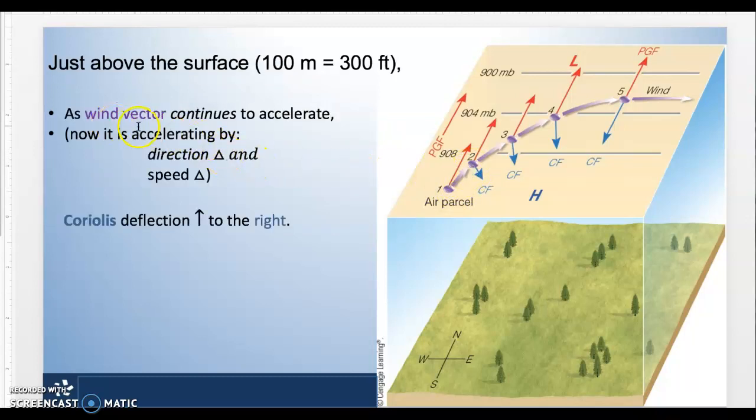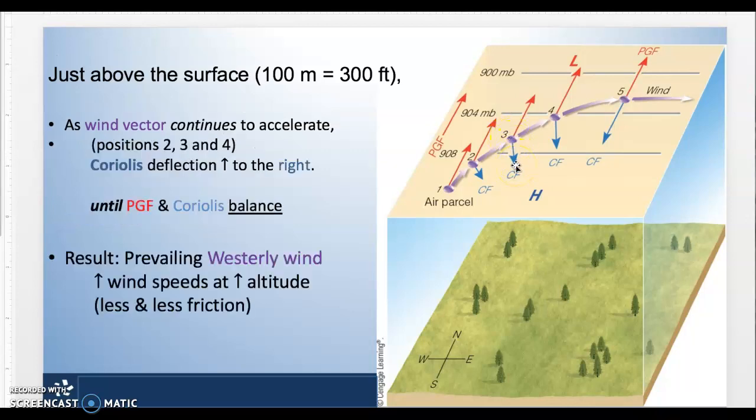And as the wind vector continues to accelerate, and when I say continues to accelerate, now it's not only changing speed, it's changing direction to the right. That will make the Coriolis deflection continue and increase to the right. So we're going from position 1 to position 2, a little bit more to the right with position 3. You're going to the right of the direction of the movement of air or the wind. The wind is in purple.